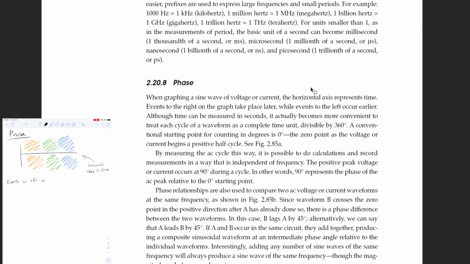Events on the left take place earlier than events on the right.